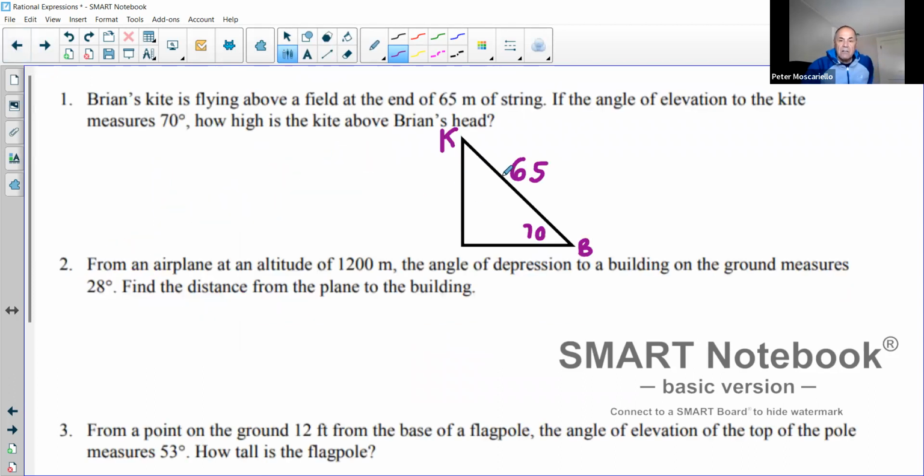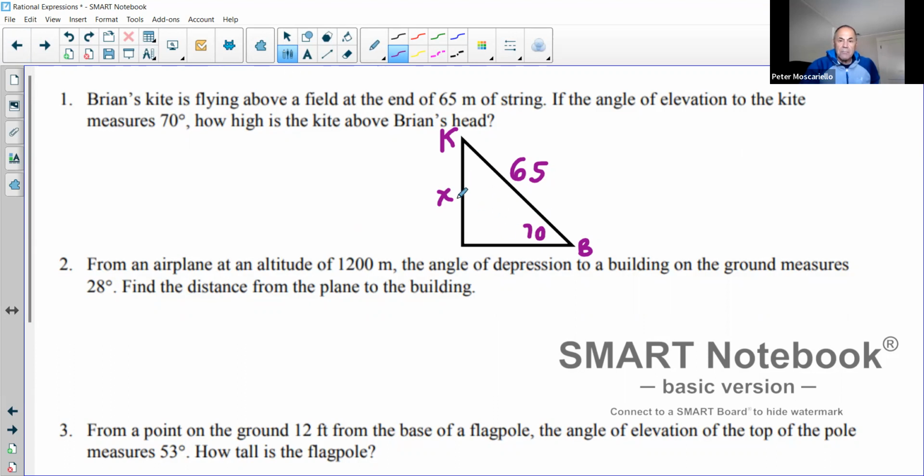So we have the kite. Brian's line of sight and horizontal makes 70 degrees. That's 65. What do they want us to find? How high is the kite, that Brian said? They want us to find this X. Look familiar? Now it becomes just like yesterday's homework, kids. You've got two knowns and an unknown.